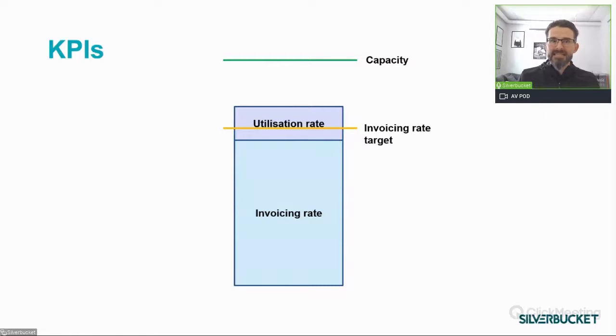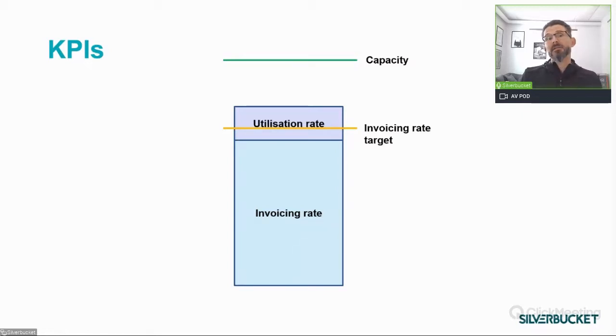And this combination of invoiceable and non-invoiceable allocations gives us the second important KPI, the utilization rate. This KPI gives an understanding of how much people are employed by all the planned activities in the future.